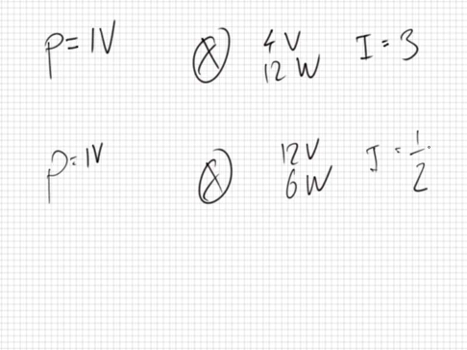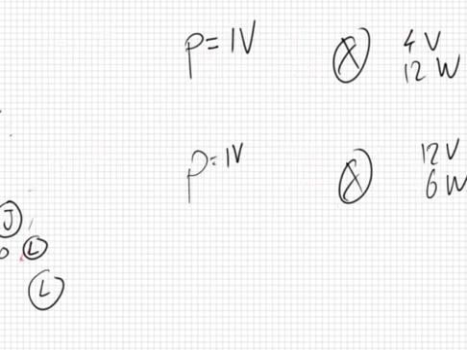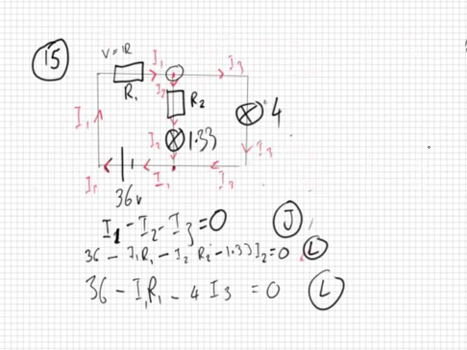But it doesn't mean it has to be 12 watts. It just means it can be up to 12 watts, and then after that it might blow. So it's not necessarily the I2 and the I3. Are we happy? Good.